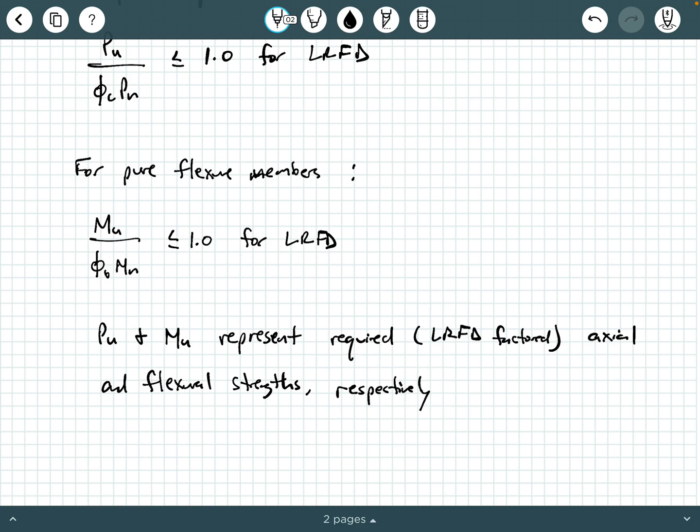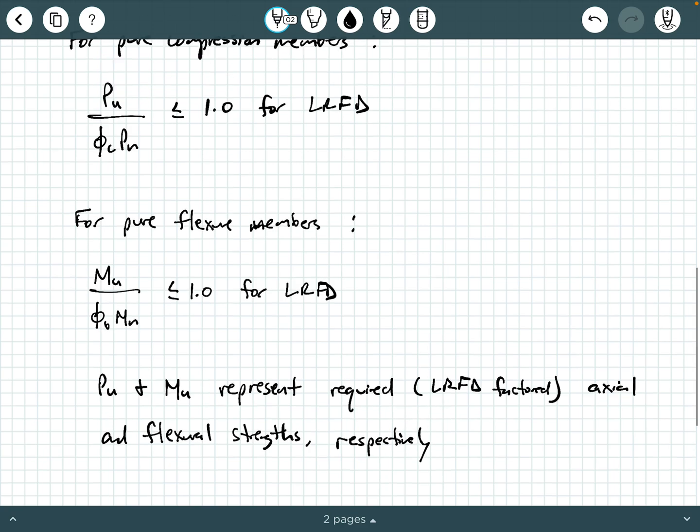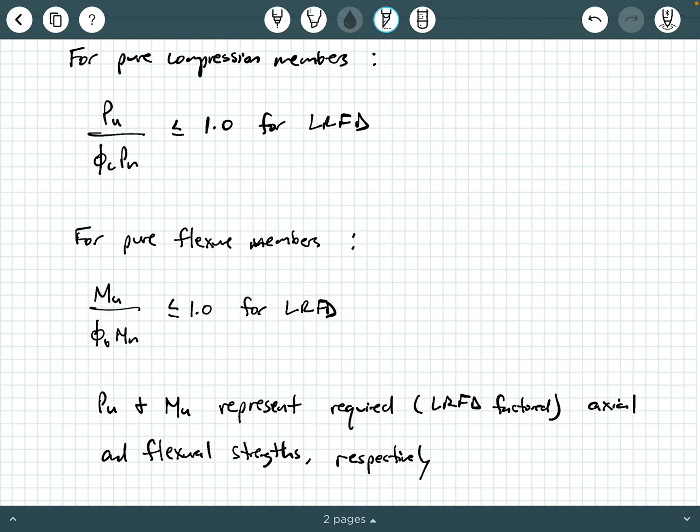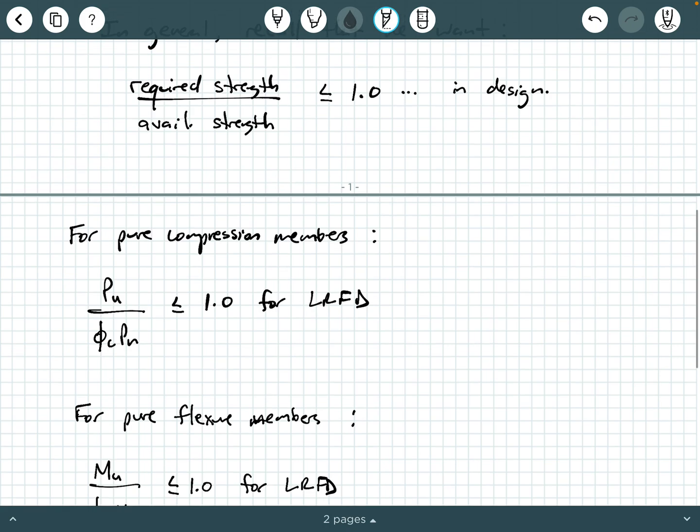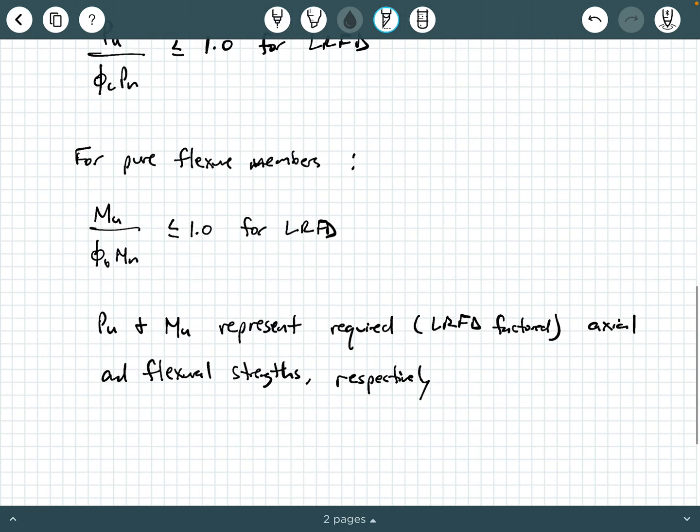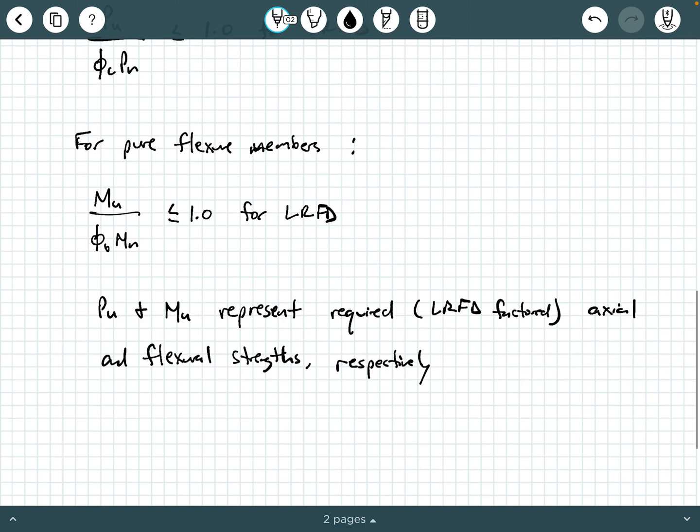And what are phi C Pn and phi B Mn? These represent your available strength, your LRFD available strength with those corresponding resistance factors built in.